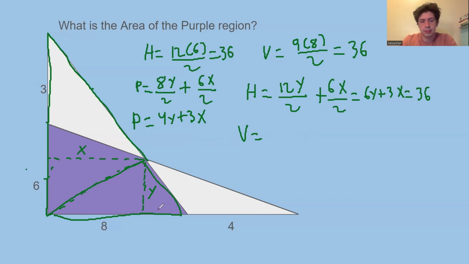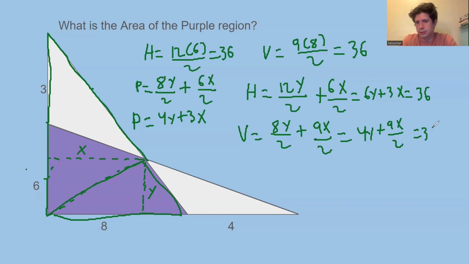So again, it'll be 8y over 2, plus 9x over 2. And that gets me 4y plus 9x over 2 equals 36.